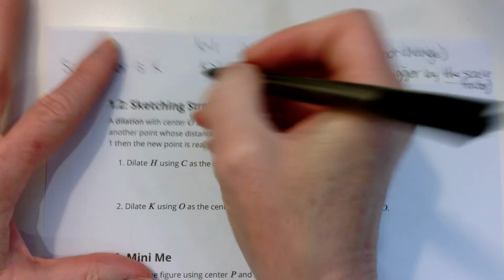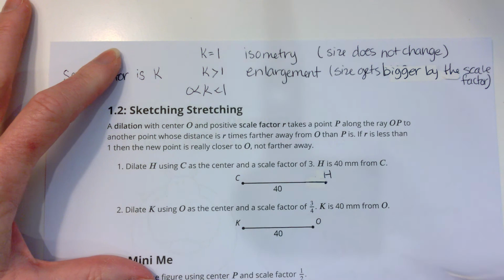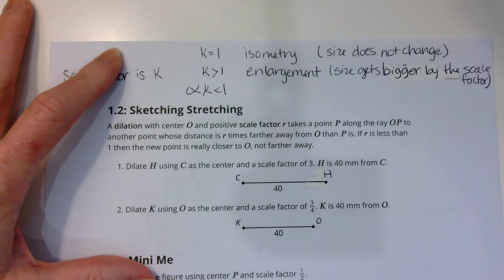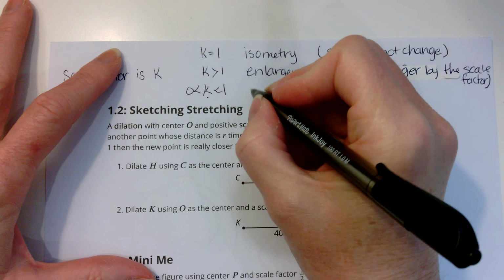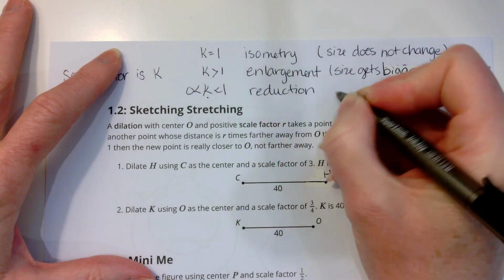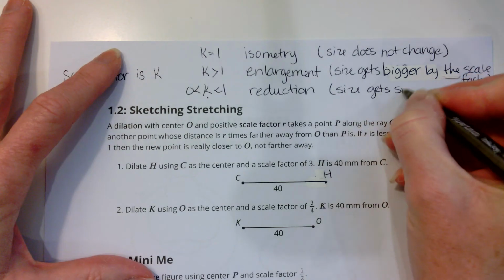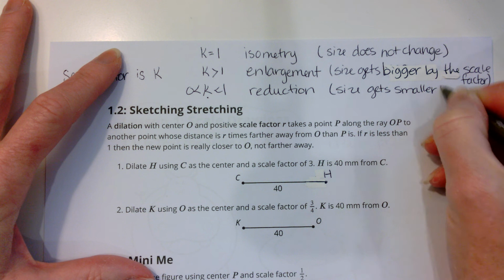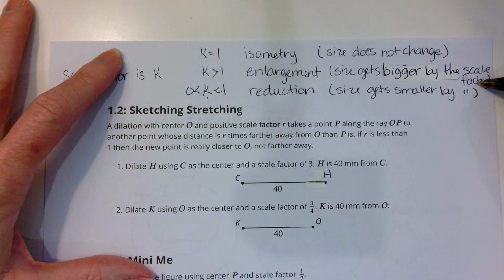And then if my K is in between 0 and 1, a fraction like 1/3, 1/2, 3/4, 1/5, we call that a reduction. And my size gets smaller by, in quotes, the scale factor.